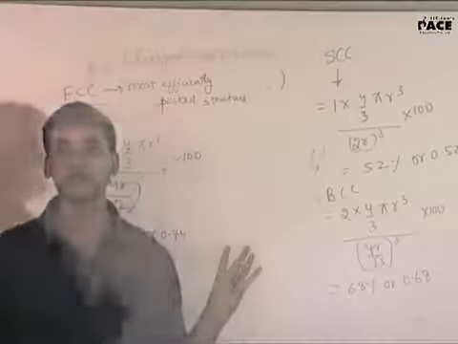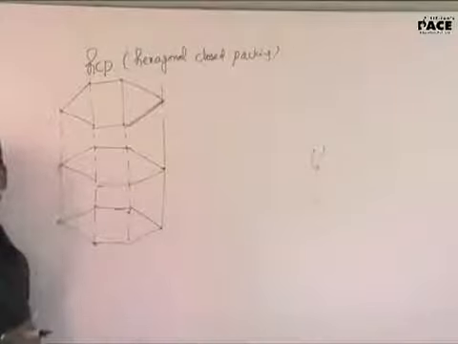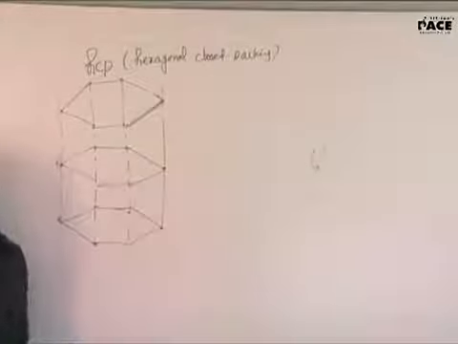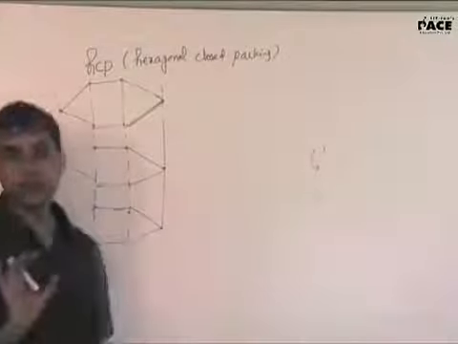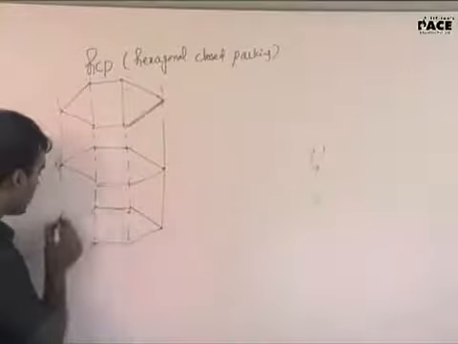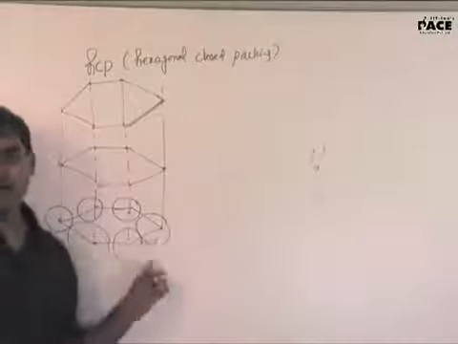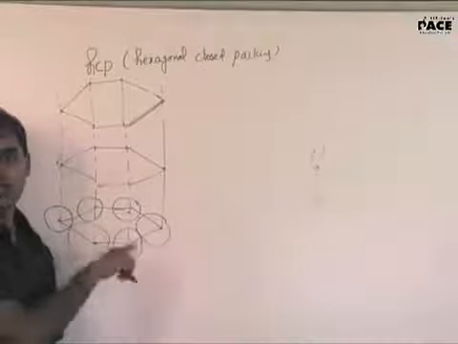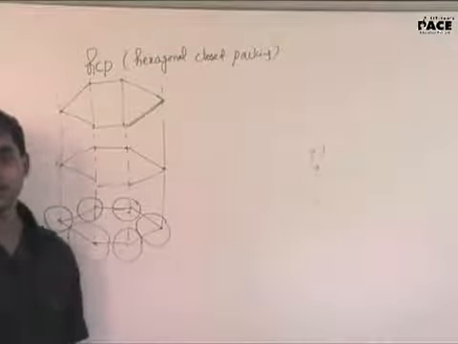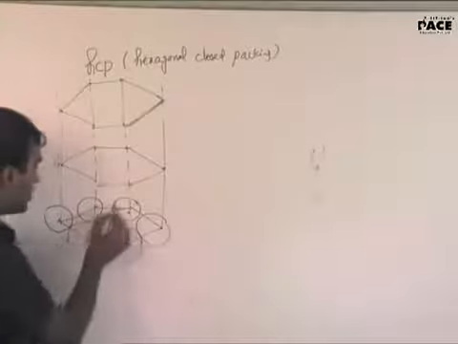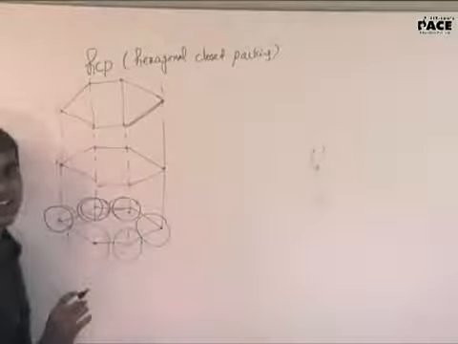Are we clear? See, if this is a hexagon, now you have something known as hexagonal close packing or HCP. Just see the diagram first. All these are touching each other. Assume that these are touching each other. This is also touching something.